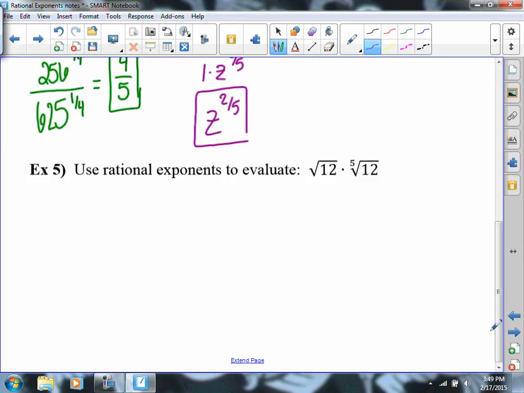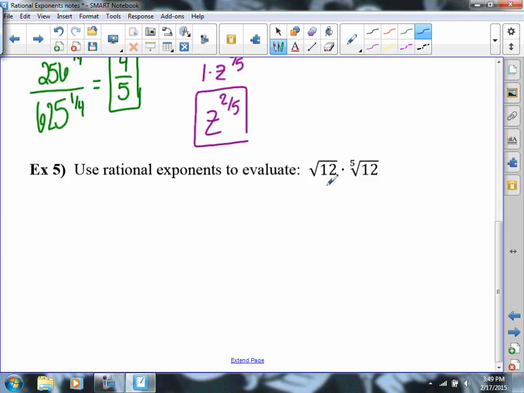Okay, let's talk about one last concept here, and then we're going to move on to some equations. For example 5, it says use rational exponents to evaluate. How would you do this? We've got two radicals here, and they want us to use rational or fractional exponents. Well, we're going to have to rewrite them.